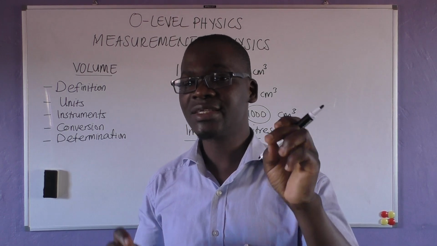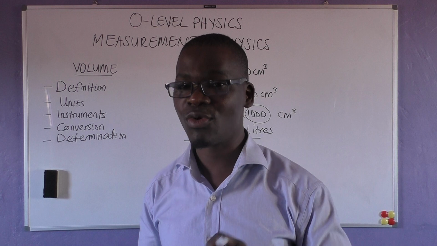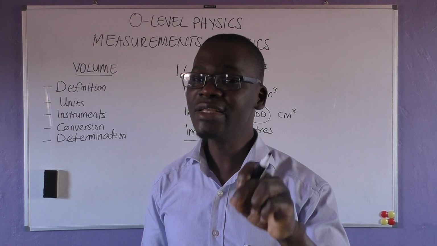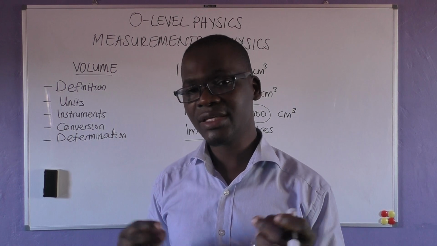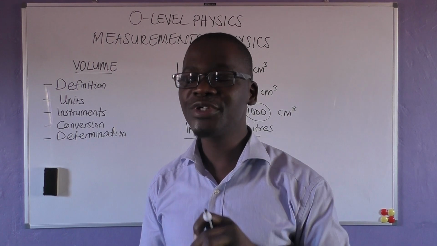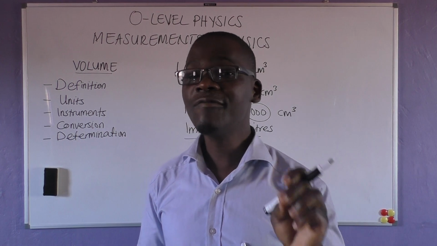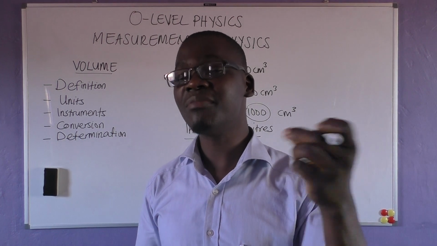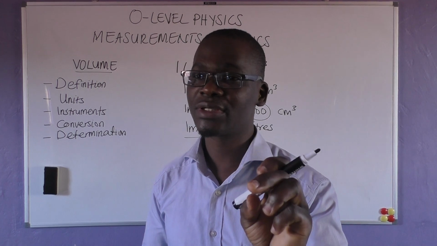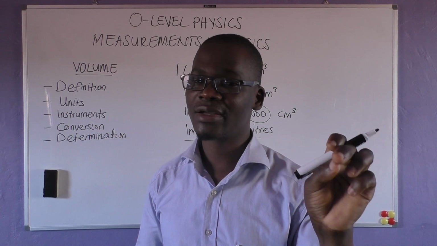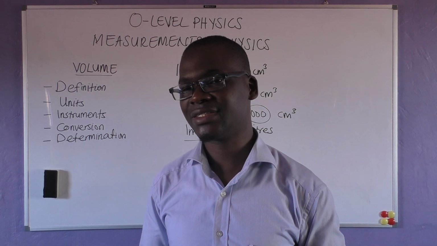A sinker is anything that sinks in water. It can be a small piece of metal. And in that way, we shall tie a sinker together with our floating object and immerse them. And after, we shall also completely immerse the sinker alone. And the difference gives us the volume of the floating object.